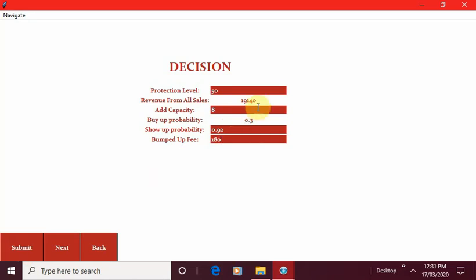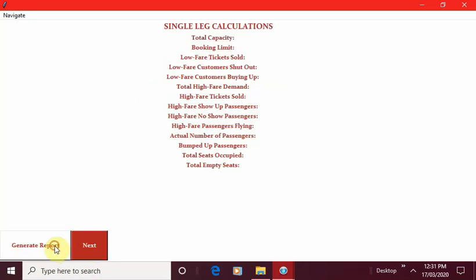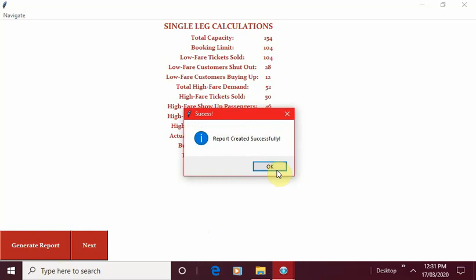You see 19,140, that was also on 1st of April. The 30% buyer probability is for the low fare passengers who did not get the tickets and would want to buy the high fare tickets. So let's click next and generate the report, and the same sort of report.